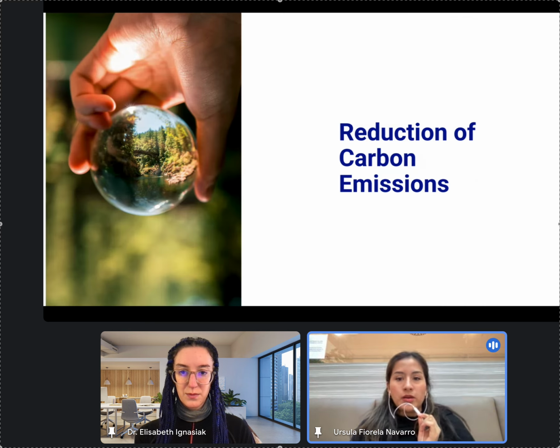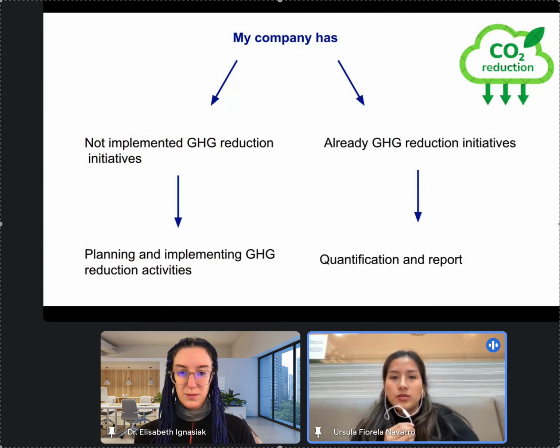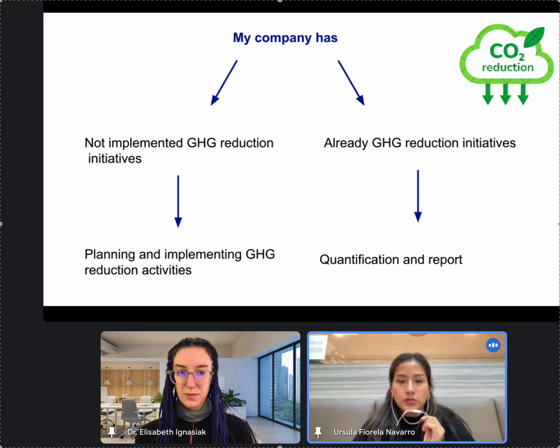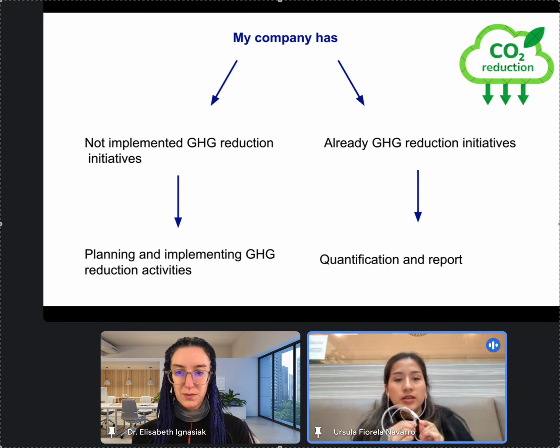And lastly, the reduction of carbon emissions is also a very important step that is suggested in the ISO. So here we have divided basically whether your company meets these two criteria. For instance, if your company has already implemented certain activities of greenhouse gas reduction, for example, if your company avoids landfilling of a specific type of waste, or, for your biogenic sources, is composting them, those are types of greenhouse gas reduction initiatives.